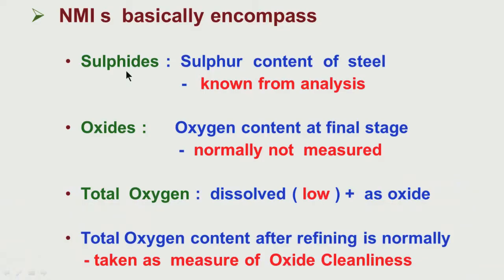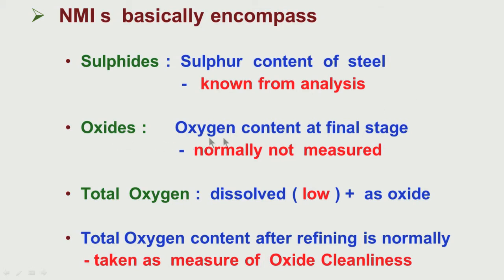We know certain applications for which sulfur has to be less than say 0.01 or 0.005 or even 0.003. So, we know if the sulfur is more, the sulfide inclusion also will be more. So, from the sulfide point of view, we have some idea of how much sulfide will be present in steel from the sulfur analysis of steel. If we know the sulfur is less than 0.005, we know the sulfide will be quite controlled in steel.